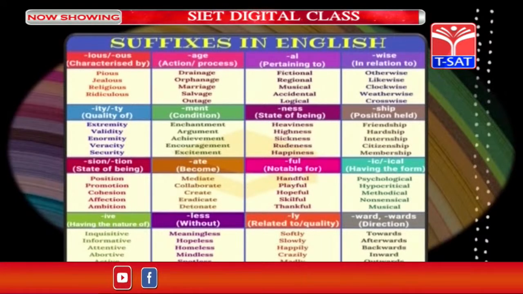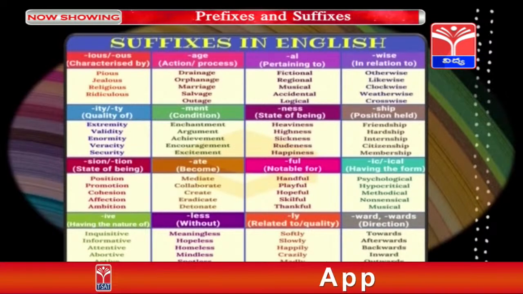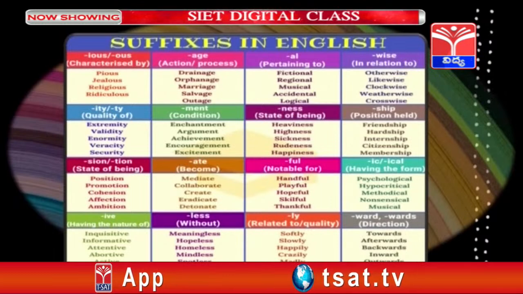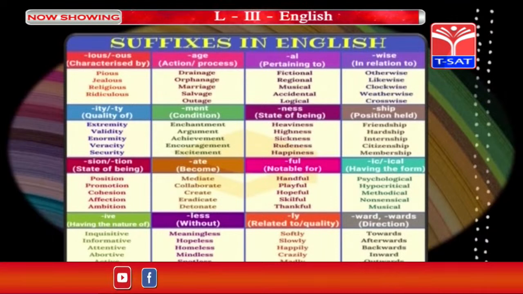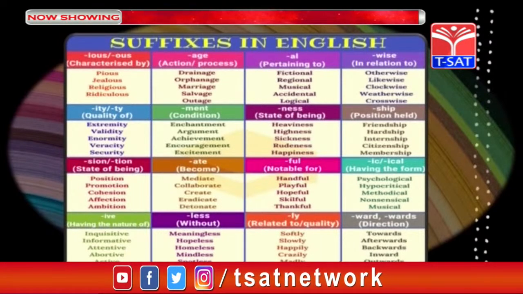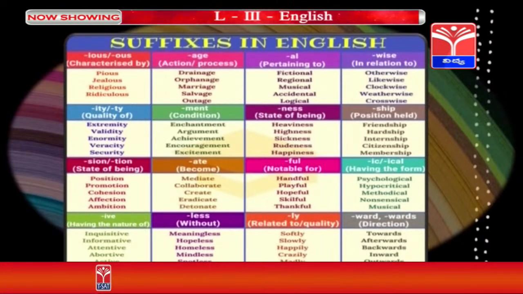The suffix -ive denotes the nature of, like impulsive, informative, attentive, active. The suffix -less means without: meaningless, hopeless, homeless.